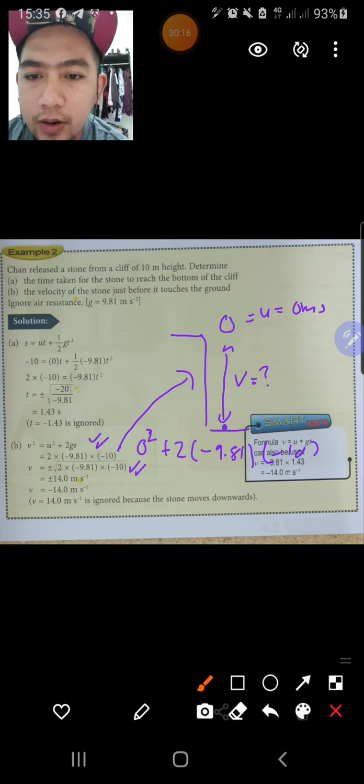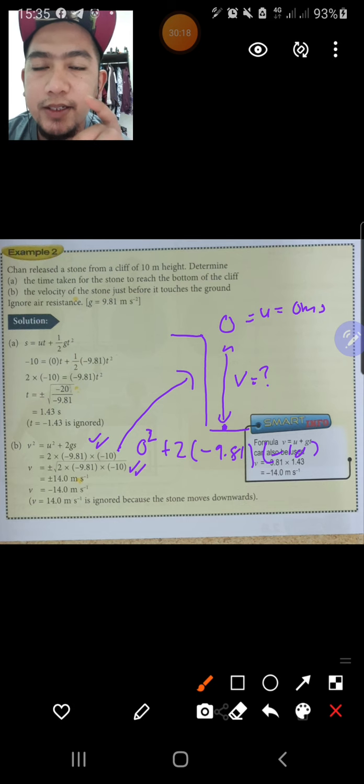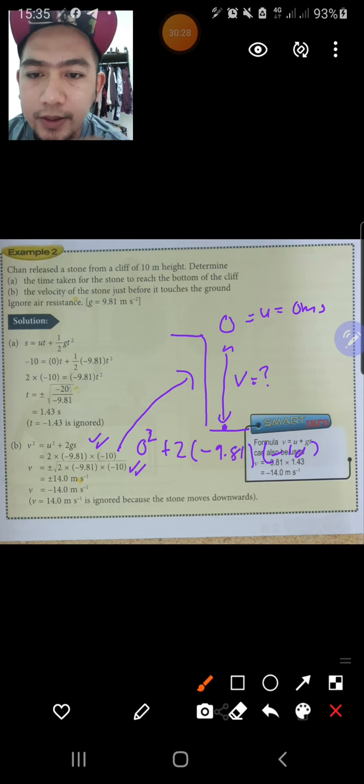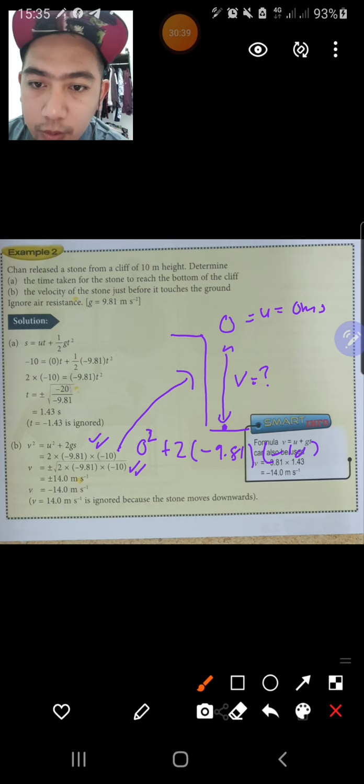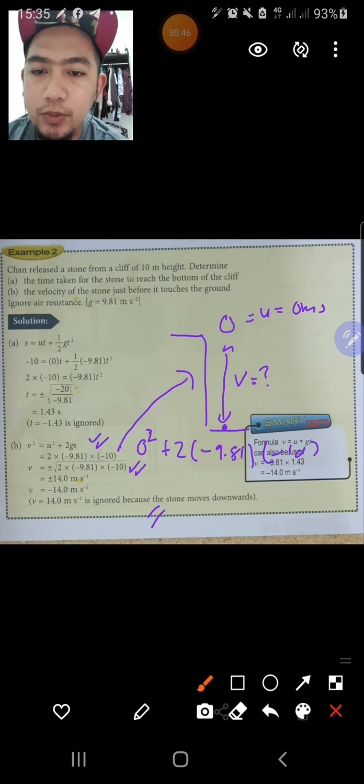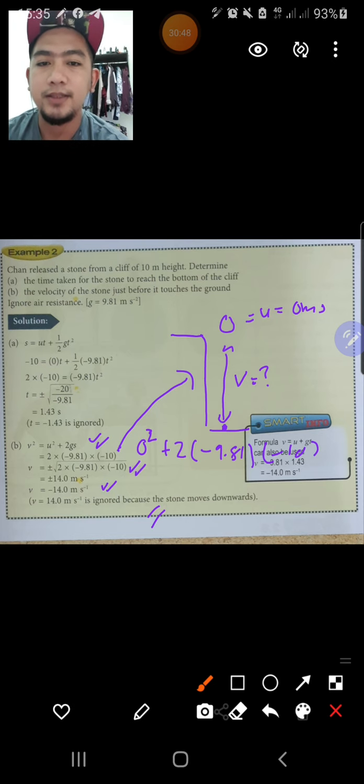Obviously velocity is a vector quantity, so we take its magnitude and its direction. That's why we choose the negative answer, negative 14 meter per second, and the positive 14 meter per second is ignored because the stone moves downwards.